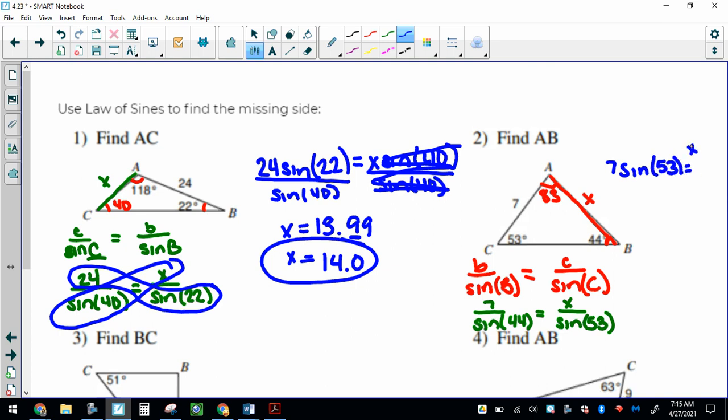Oh, I'm out of room. x sine 44. I want to divide by sine 44 to make that cancel out. And this is now calculator magic: 7 sine 53 over sine 44. If I'm rounding it to the nearest tenths place again, I get 8.0.